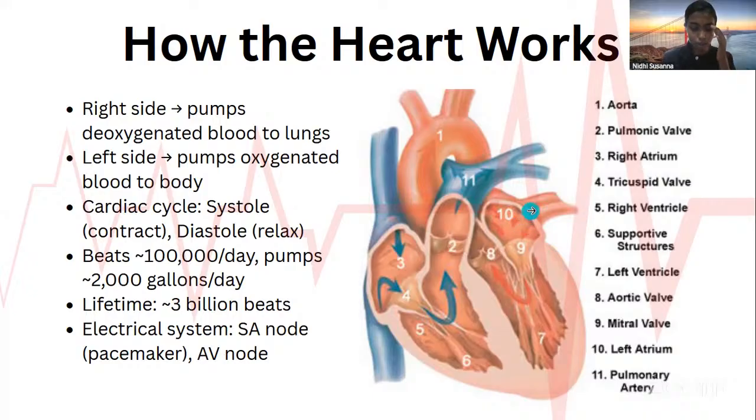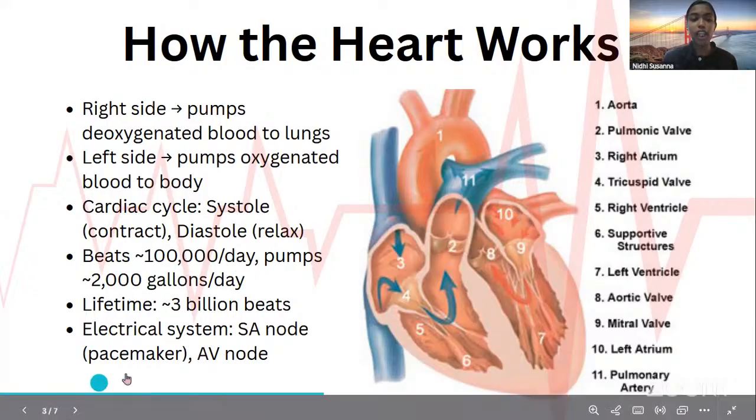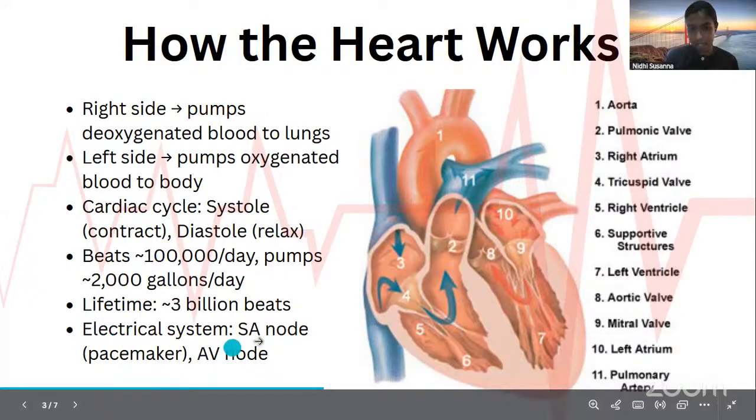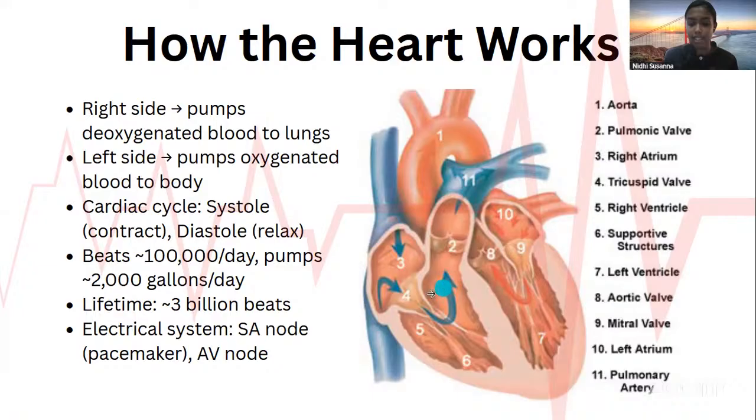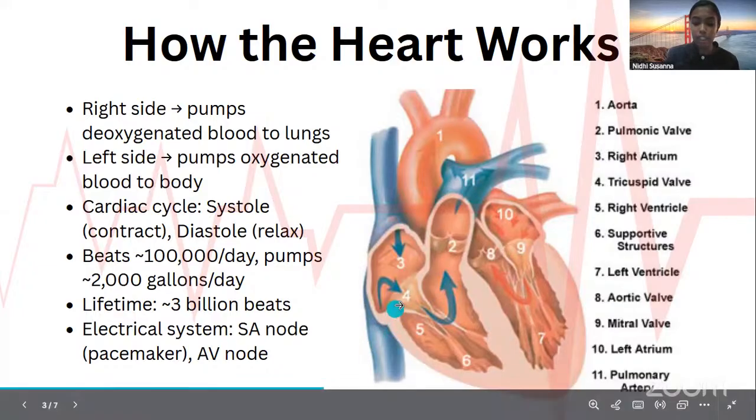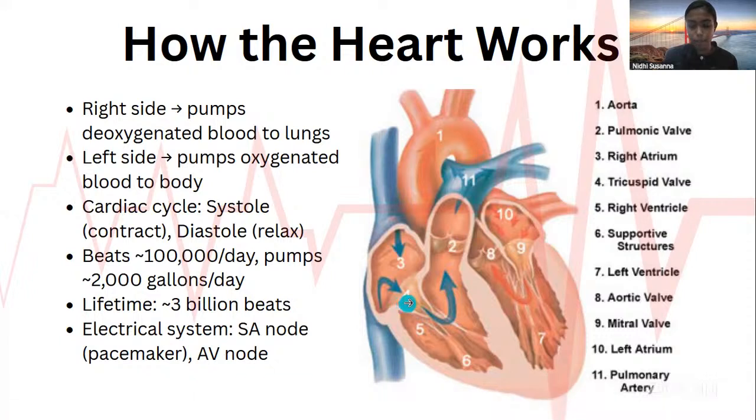The heart also has its own electric system: the SA node, the pacemaker, and the AV node. The SA node acts as the natural pacemaker, keeping a rhythm. The SA node, the sinoatrial node, generates an electric signal that causes the upper heart chambers, the atria, to contract.